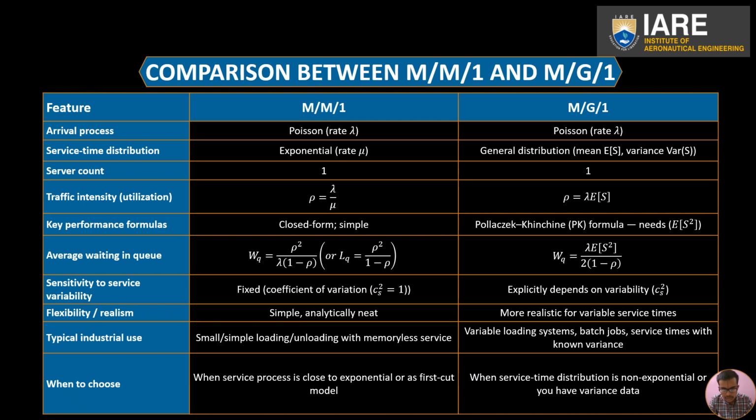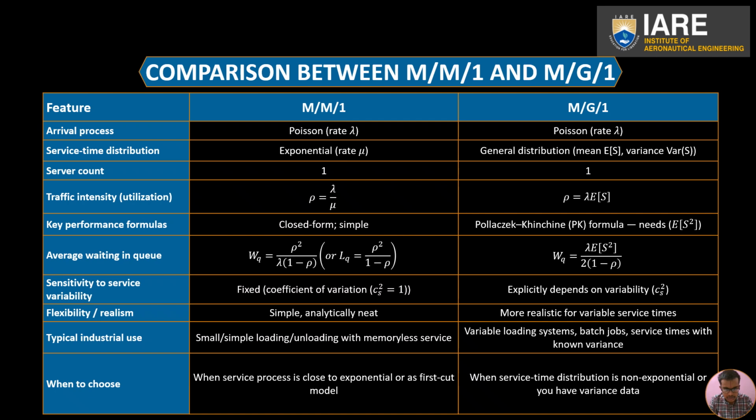For MM1, WQ is equal to rho square by lambda into 1 minus rho, or we can say LQ is equal to rho square by 1 minus rho, whereas for MG1 it is WQ is equal to lambda into E of S square by 2 into 1 minus rho.